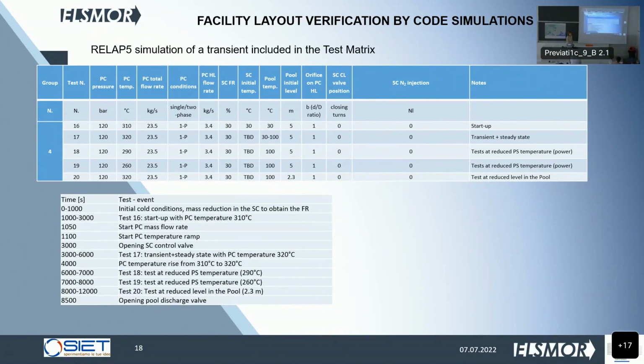Then water will boil and evaporate, so at the end we will have a lower level. So we will test the capability of the system to remove the decay heat also with a low level in the pool. This means that part of the tubes of the vertical tube heat exchanger will be uncovered, so steam will not be condensed in that area.